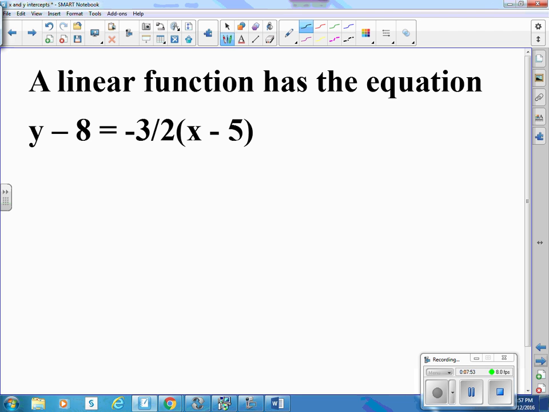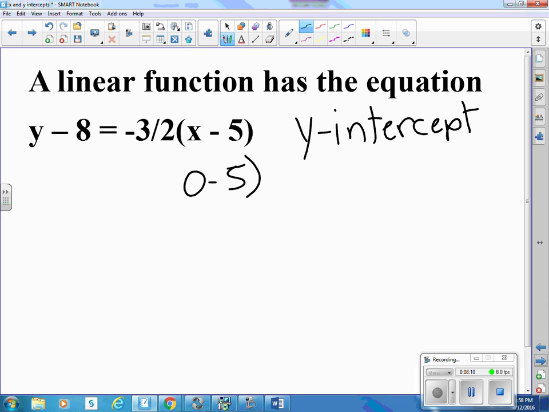So let's look for the y-intercept on this one. Okay, so when you're on the y-axis, x is 0, so we have 0 minus 6 in the parentheses here, which is just negative 6. So we have negative 3 over 2. So let's just go ahead and multiply that.